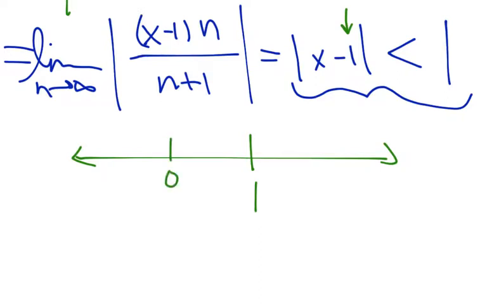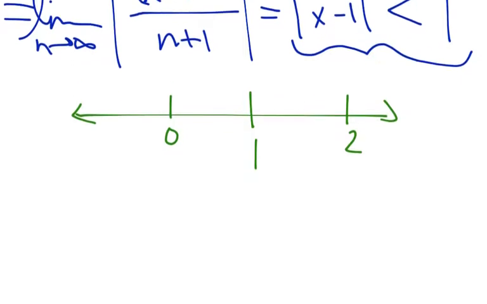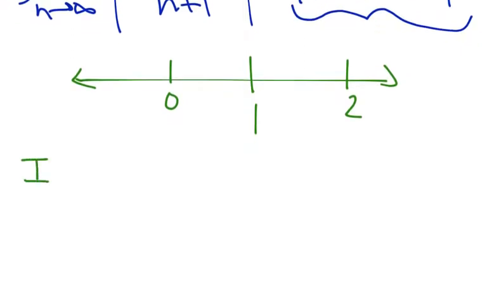So here's 1 unit in that direction and 1 unit in this direction over here. So any value of x that's in this interval, in the open interval 0, 2, certainly will have this series converge. The only other question we need to consider now is, do we include the endpoints or not? So we have to run those tests separately to see whether or not we include those. So if x equals 0, what happens?